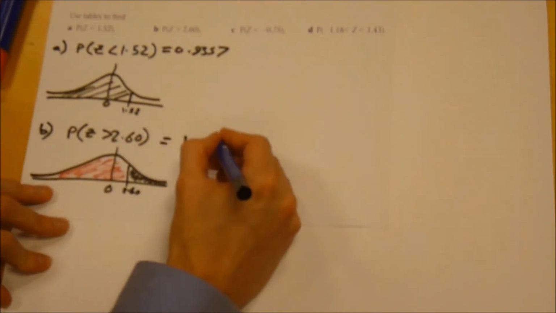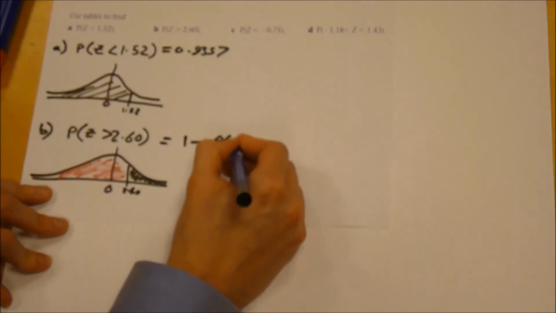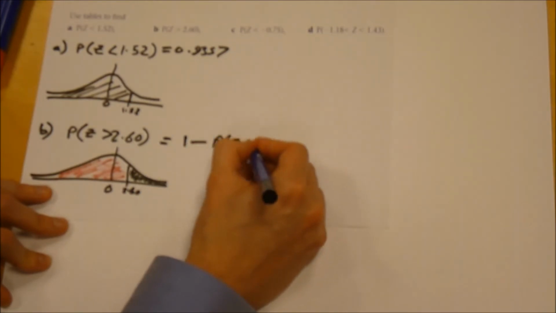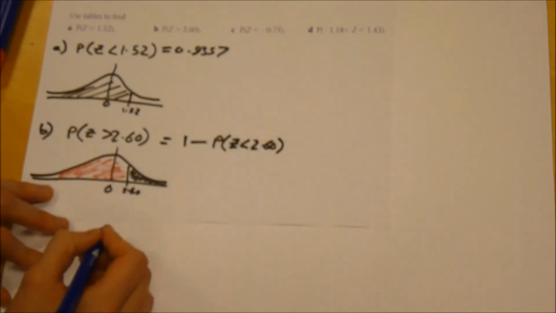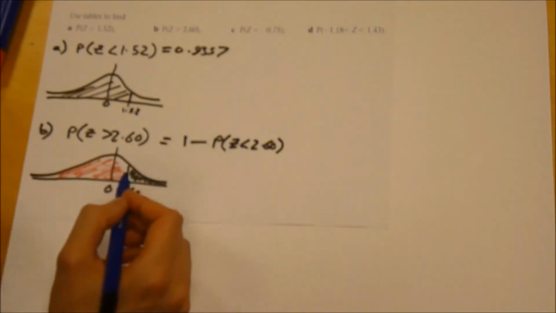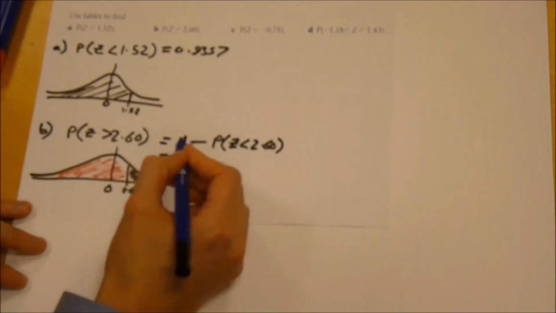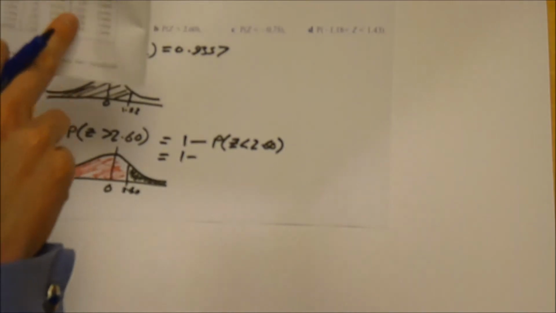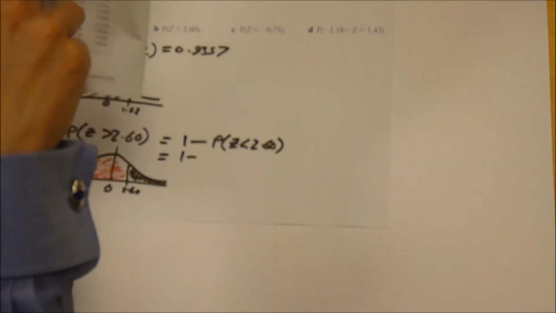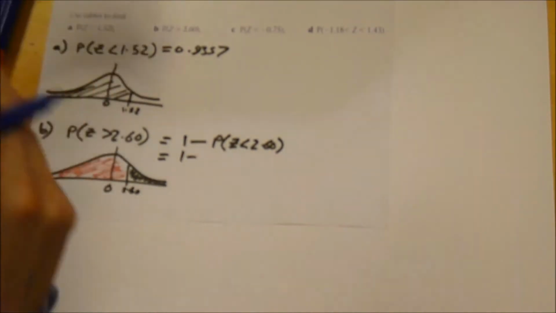So it's the probability of Z being less than 2.60. Alright, so 1 minus the probability of Z being less than 2.60. So I can look that up. That's 1 minus, and I look it up in my tables again. I look for 2.60, which is all the way up here, 0.9953.